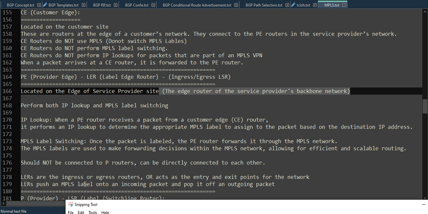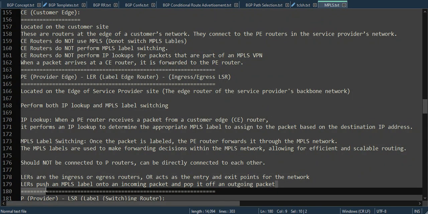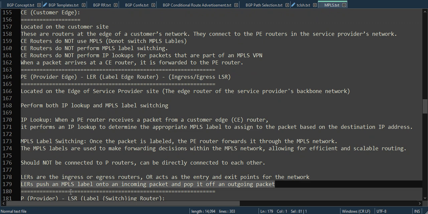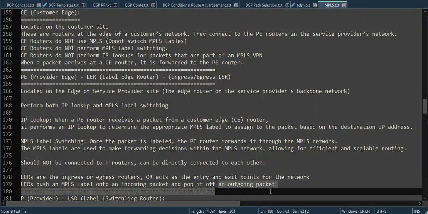And PEs are the ingress or egress routers, acting as the entry and exit points of the MPLS network. A PE pushes an MPLS label onto an incoming packet and pops it off an outgoing packet. Okay, this means a PE pushes an MPLS label onto an incoming packet and pops it off an outgoing packet.